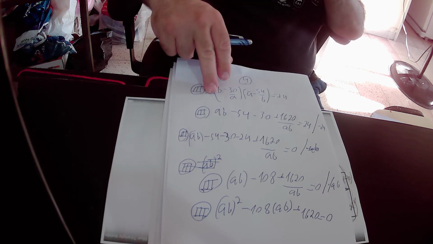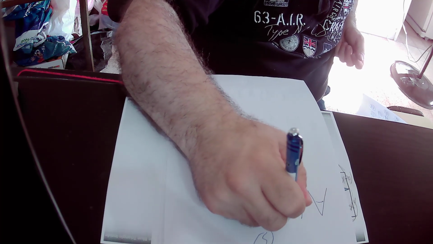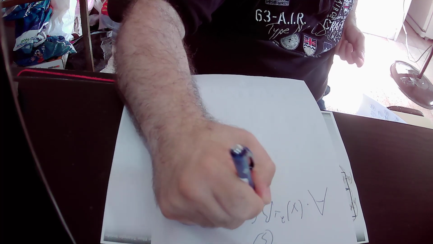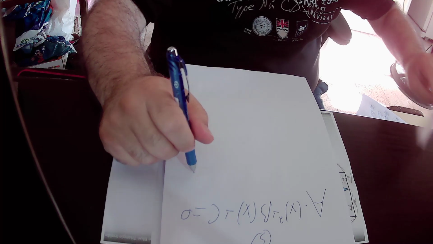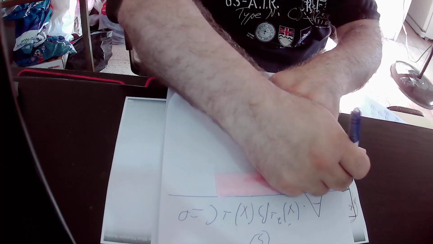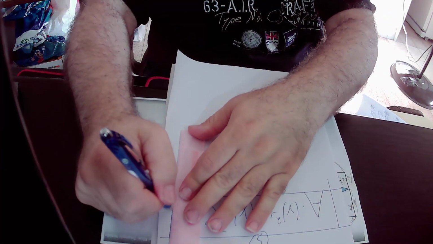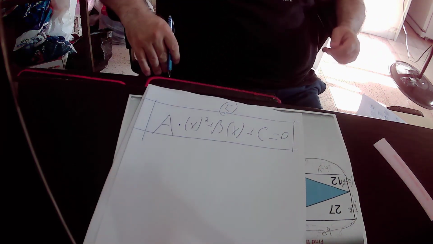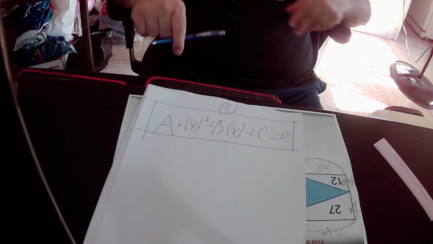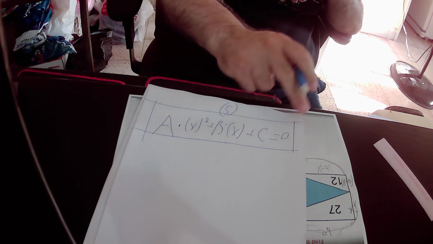So actually the general form of a quadratic equation is a times x squared plus b times x plus c equals 0.